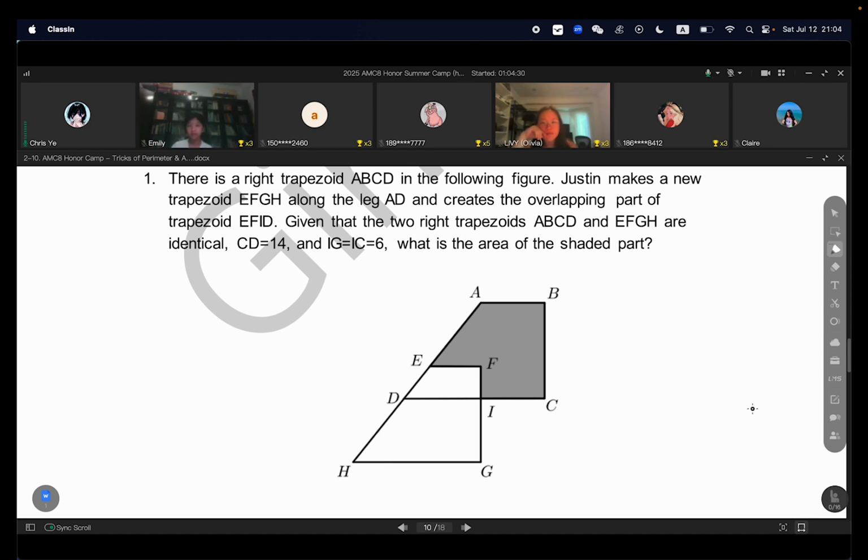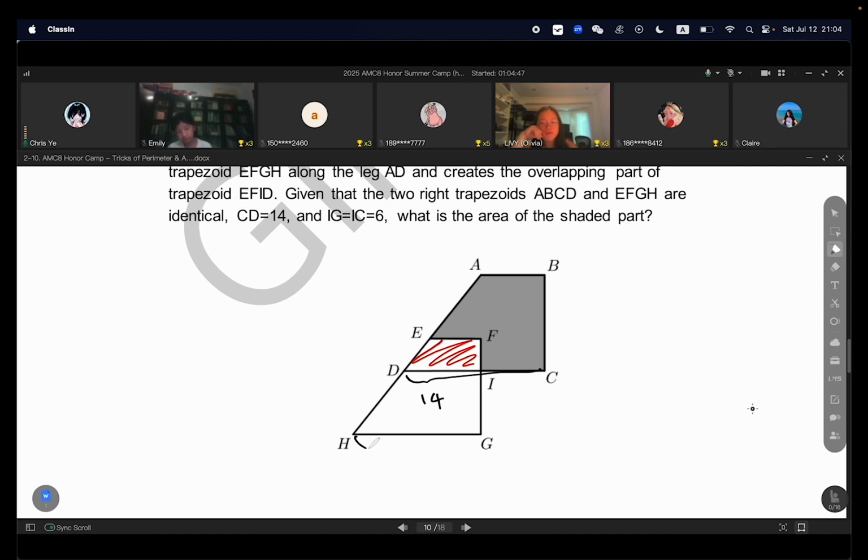I'm going to use red to highlight this part. Given that the two right trapezoids are identical and CD is 14, since they're identical, it means that HG is also going to be 14. And IG equals IC equals 6. What is the area of the shaded part?